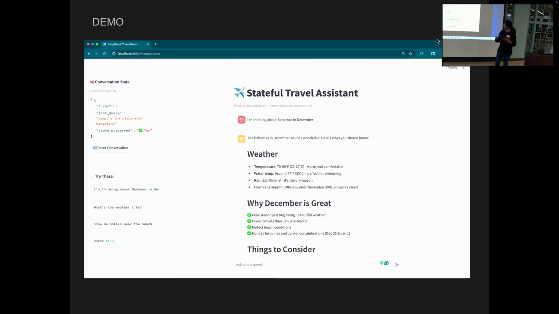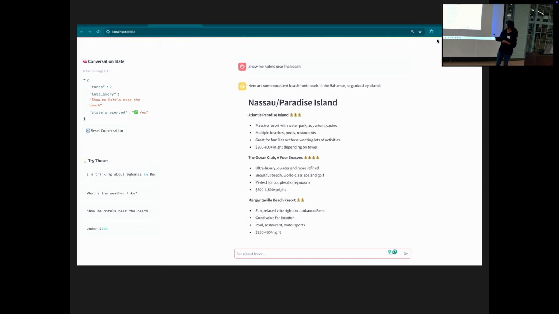So LLMs are getting so smart. That's the first question that I have, so the state preserved is yes. And finally, the next question is, show me the hotels near the beach. Notice how each of the hotels it recommended is about $300, $250, $800. Well, I'm not that rich, so I'm like, nope, does not work for me.